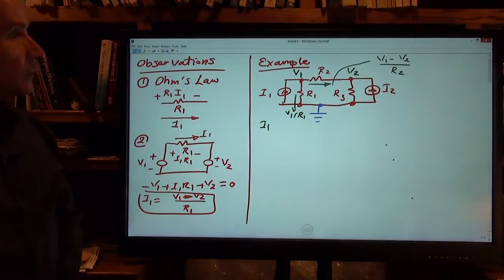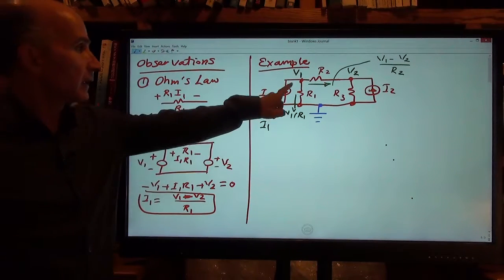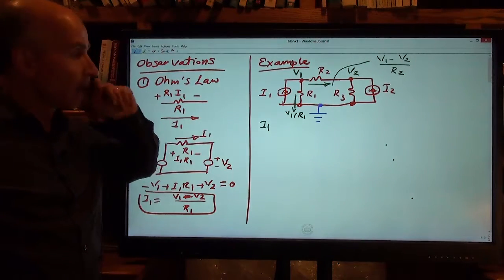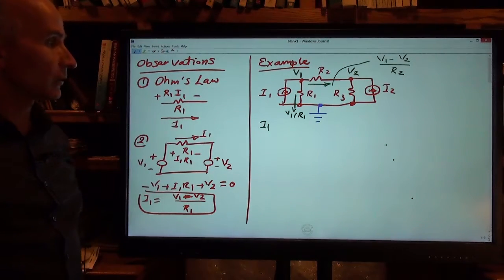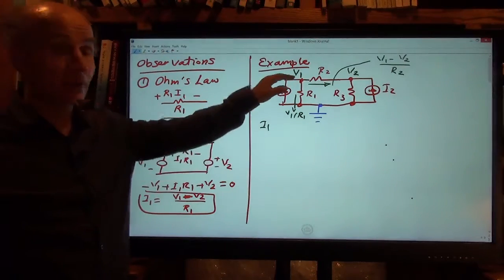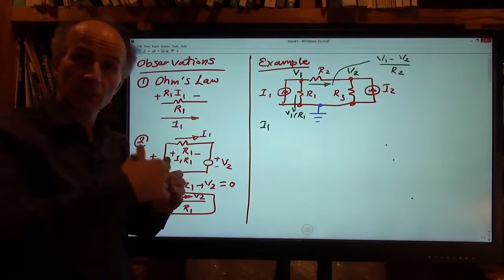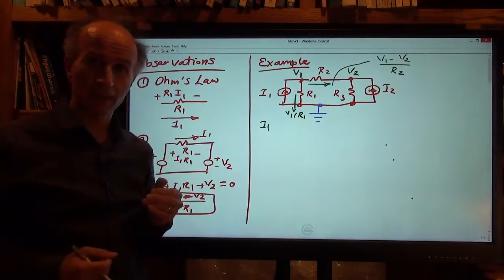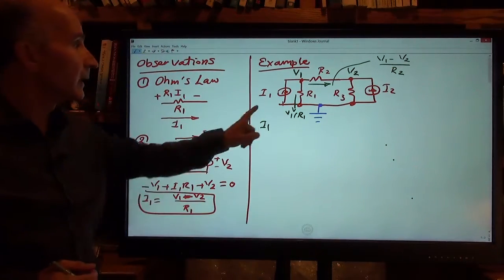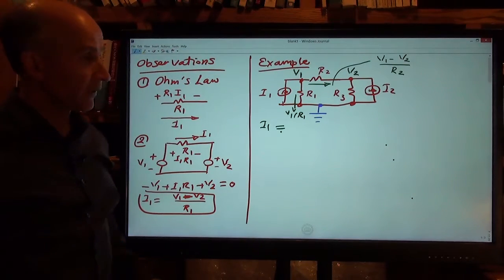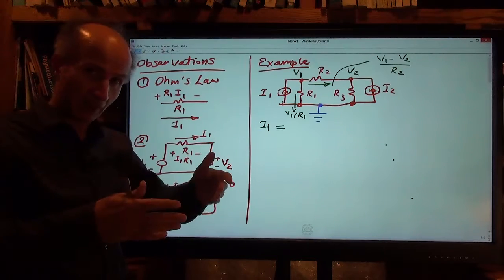Okay, so I have all of the currents that are coming to this node, so I can write a KCL. I usually like to write it as the currents entering must add up and be equal to the currents exiting, right? It's more intuitive that way. So this I1 is flowing into the node, so I'm going to write I1 is equal to the sum of the currents that are exiting the node.